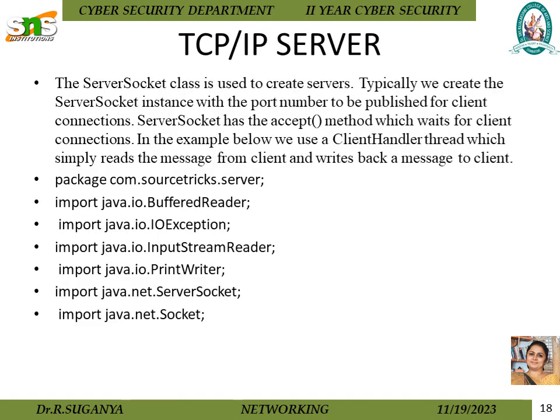The ServerSocket class is used to create servers, and it has the accept method which waits for a client connection. In the example below, we use a client handler thread which simply reads a message from the client and writes back a message to the client.